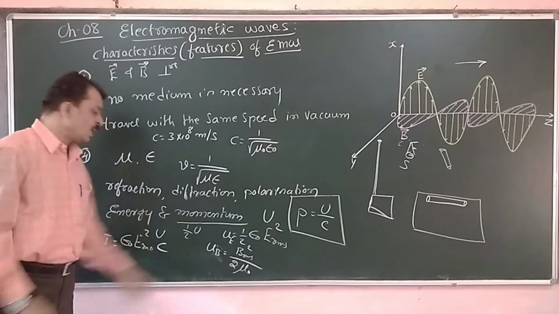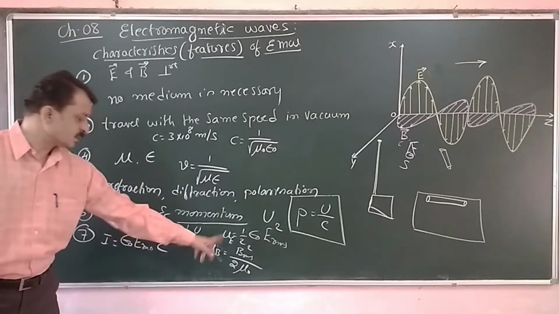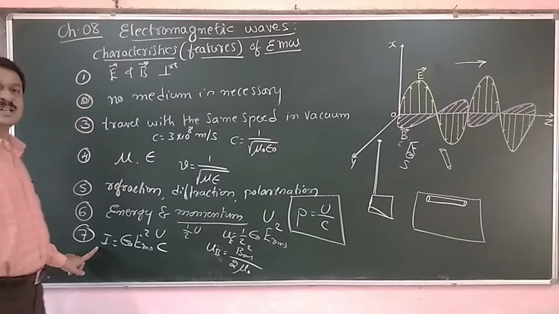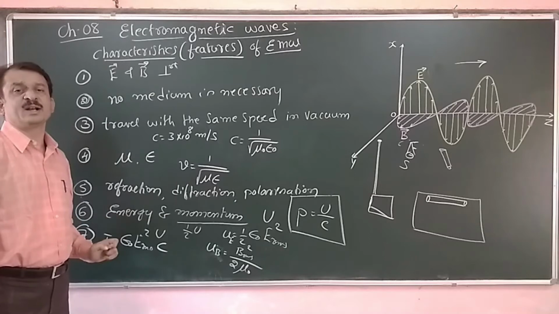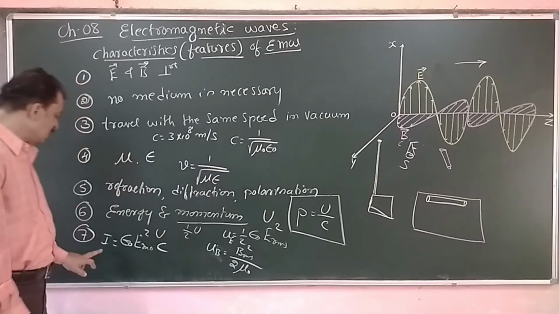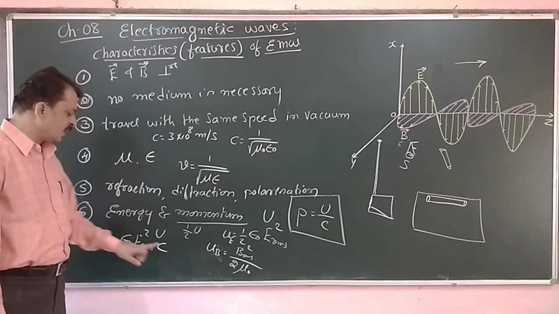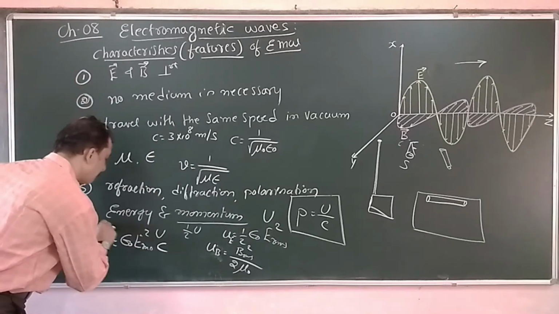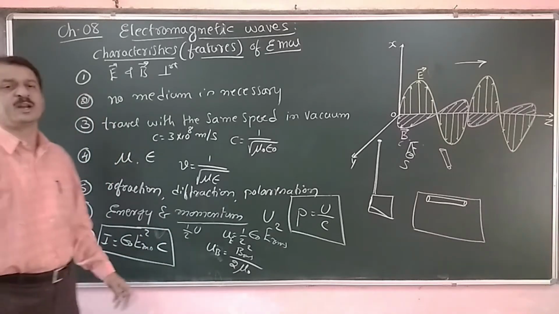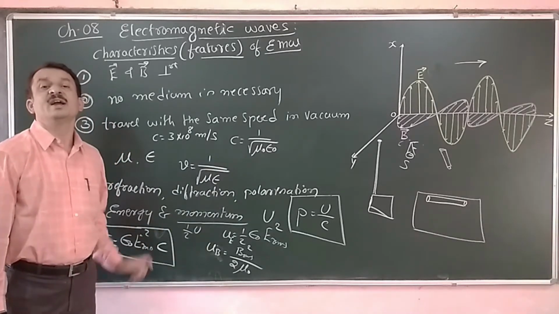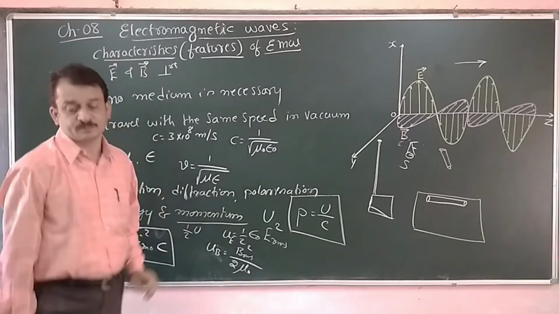If you add them, I will get epsilon naught E RMS square. Since intensity is the total energy absorbed per second per unit area, it is given by epsilon naught E RMS square into C. It represents the intensity of the electromagnetic radiation.